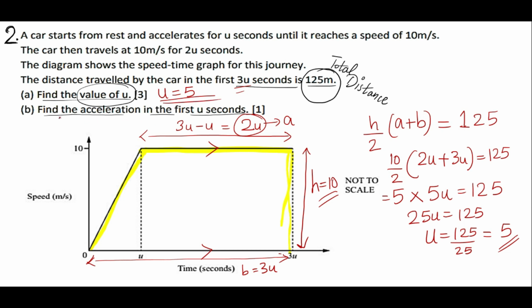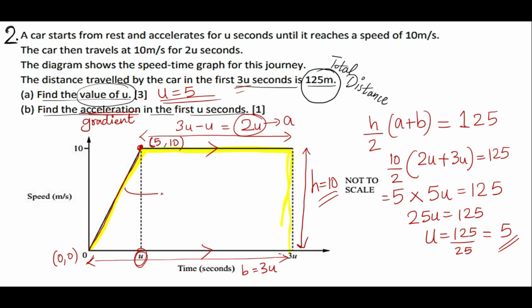Now the next part of the question is to find the acceleration. We know if it's the acceleration, we have to find the gradient of the line, which is in the first u seconds. So u is here, so the acceleration between these 2 points, now u is already 5, which is calculated, so you have 5 and 10.